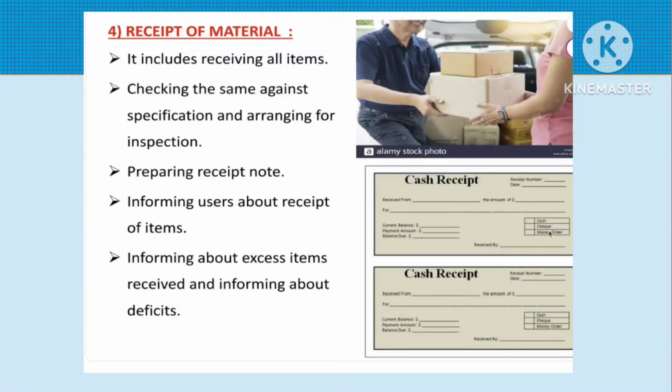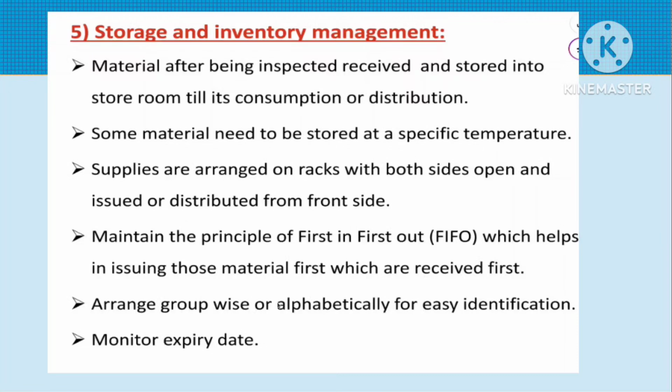Okay, cash, check or money order, current balance, payment amount, how much you are paying, any balance you are getting, balance due, received by, who is receiving the equipment. Like this, cash receipt has to be signed and kept ready, which should be kept in files. Informing users about receipt of items, informing about excess items received and about the deficits.